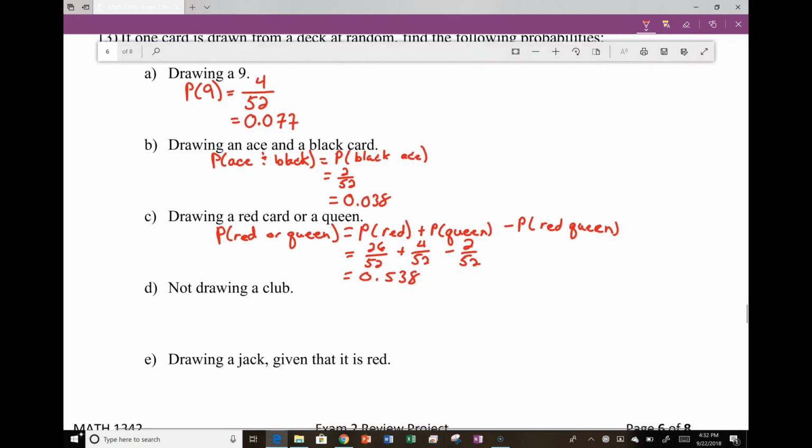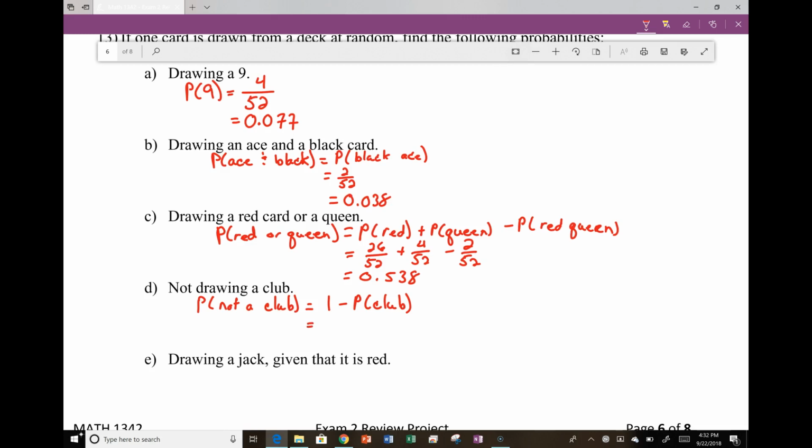Probability of not drawing a club. So we want the probability of not a club. That's going to be equal to 1 minus the probability of being a club, because we're looking at the opposite, the complement of it.